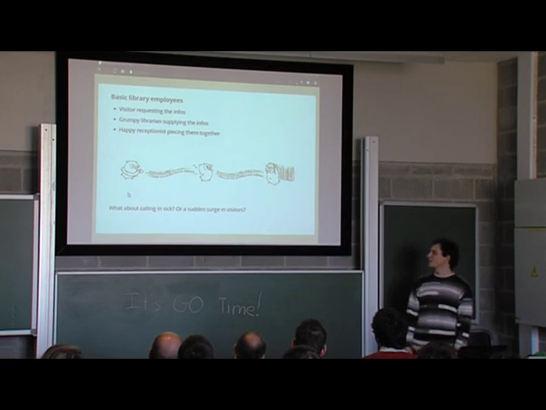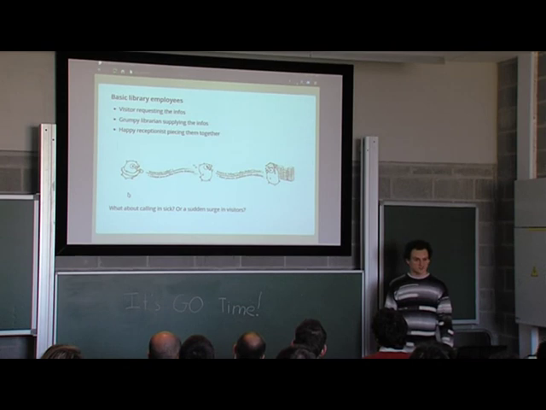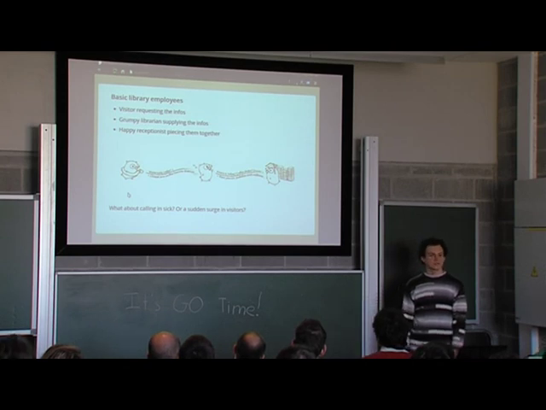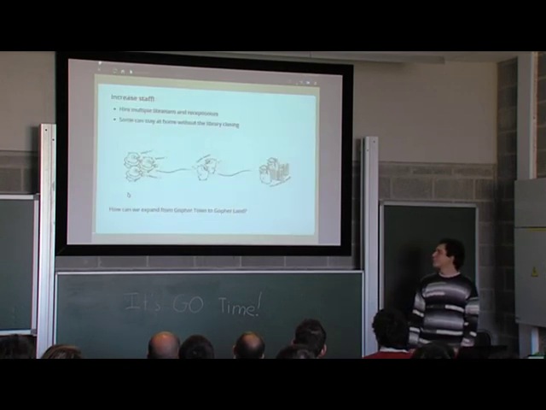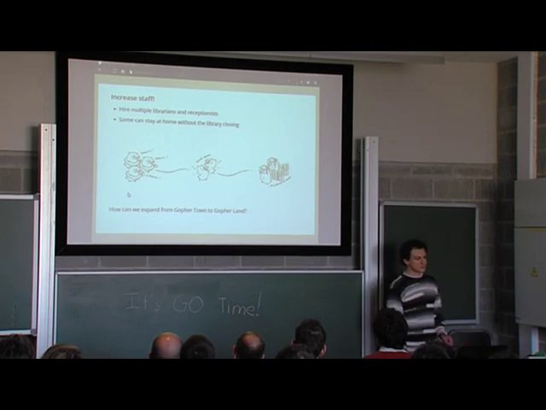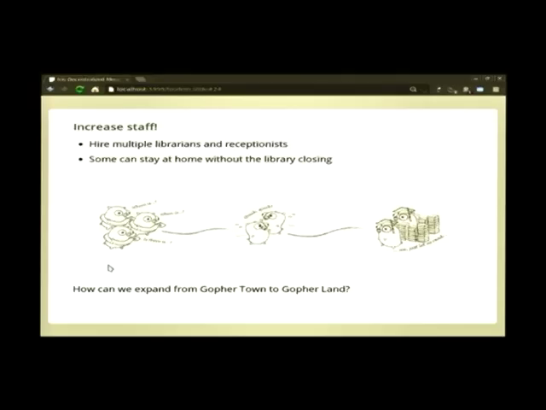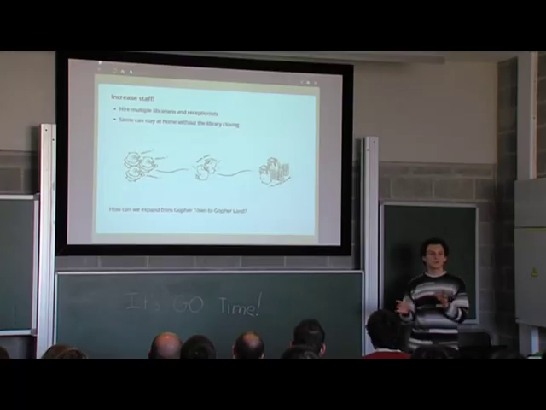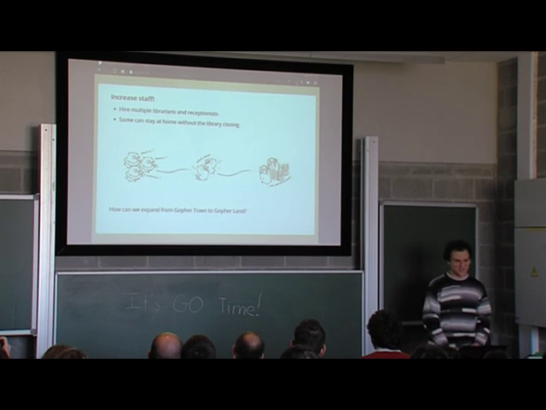But what happens if you have a sudden surge in visitors, or maybe your receptionist goes home sick? Well, the library will crash. So what you would like to do is have multiple librarians and multiple receptionists going around in there. We don't really care how many visitors we have, we just tell the first receptionist that comes, we don't care whether it's the blonde or the brunette. Okay, maybe we do care, but that's beside the point.